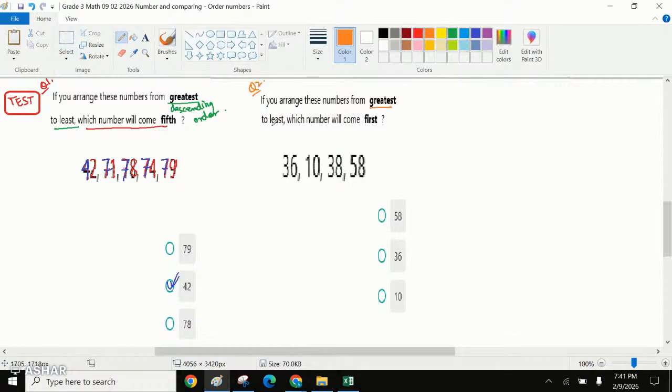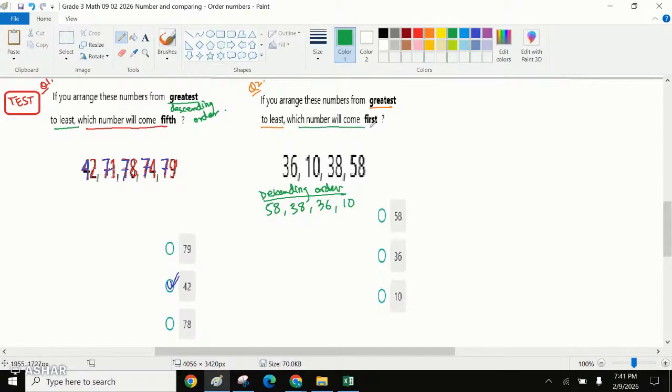Because we are doing descending order, right? So which number is the greatest number? Or if we take time to arrange this, this will be 58. We do not have to arrange, right? We can still find the answer without arranging. 58, then 38, 36, and 10.